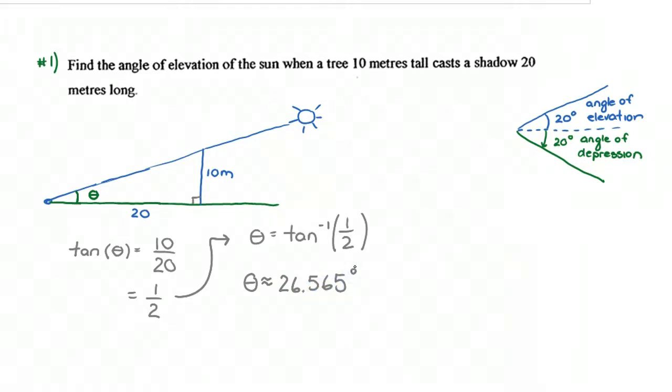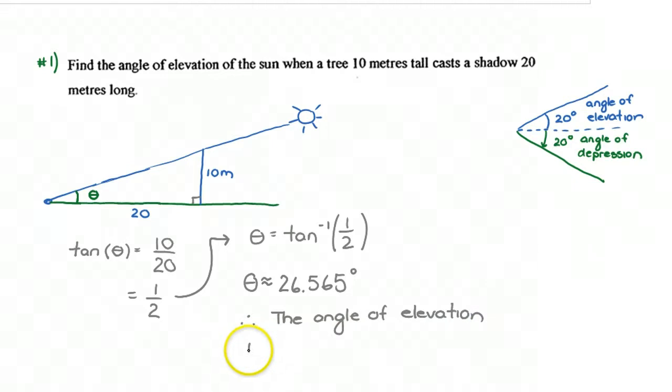And there we go. Therefore, the angle of elevation is about 26.565 degrees.